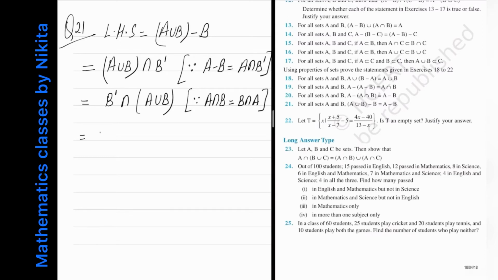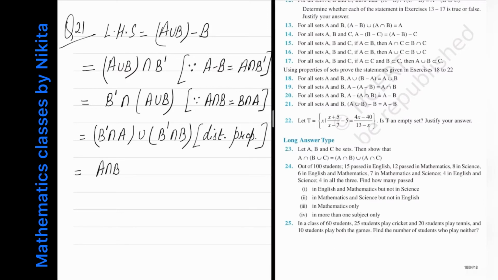This is further equal to, now I am applying the distributivity, (B complement intersection A) union with (B complement intersection B). So what have I applied? I have applied the distributive property. Now this is equal to (A intersection B complement), again I have applied commutativity, union with phi.